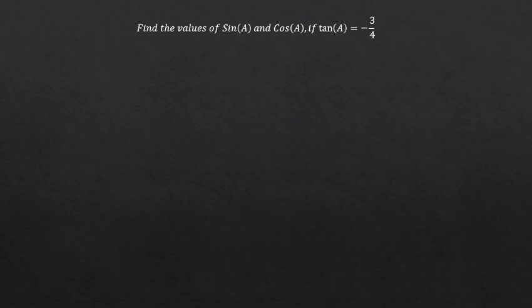Our first question is to find the values of sine A and cos A if tan A is negative 3/4. Okay, now for tan A to be negative 3/4, we need to draw it using the Cartesian plane.